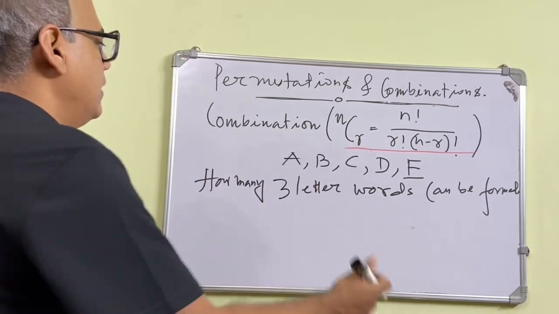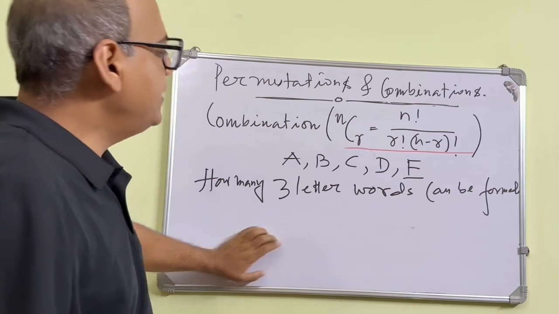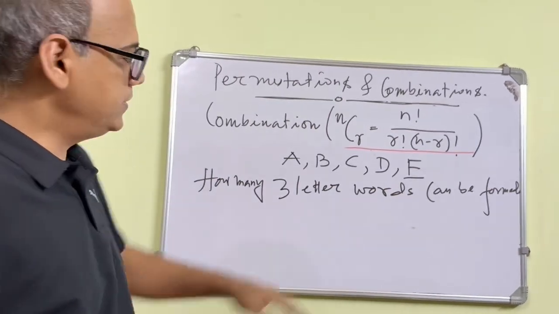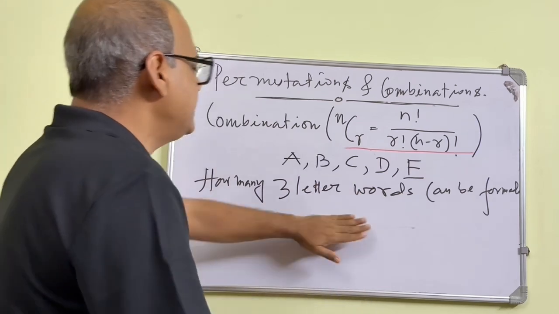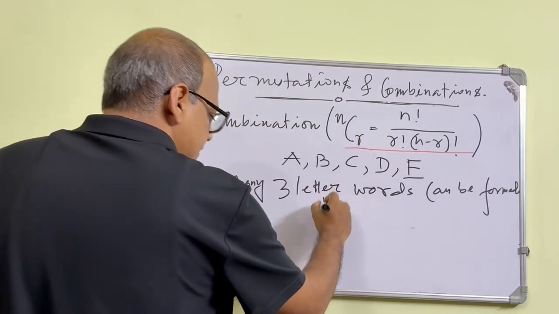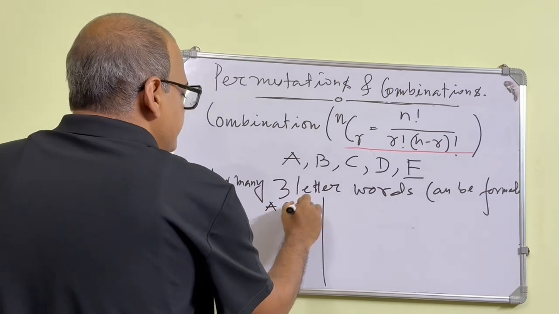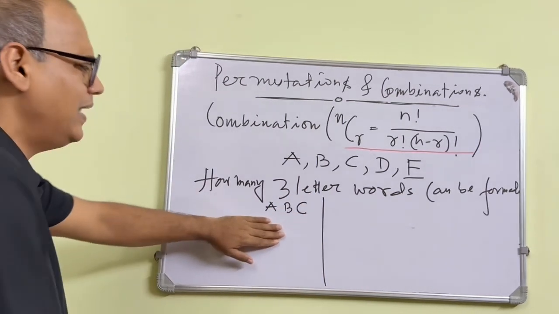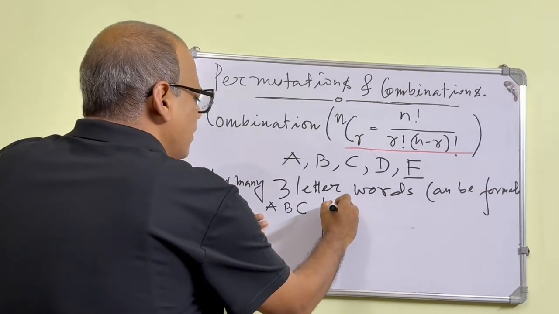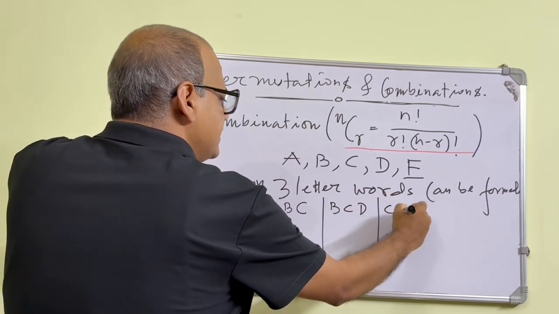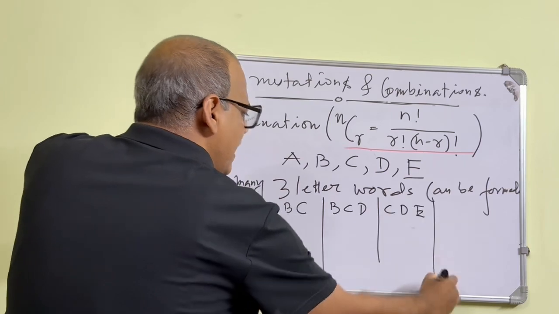So let's see how many different choice sets I can make out of this. Since I need to form a 3-letter word, what are the different choice sets I have? Let's say A, B, and C is my first choice. Likewise, it could be B, C, D, let's say C, D, E, and so on.